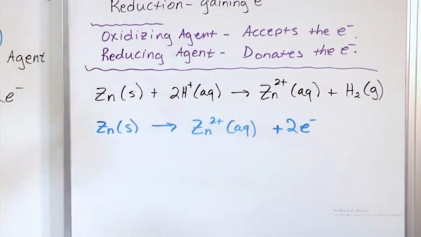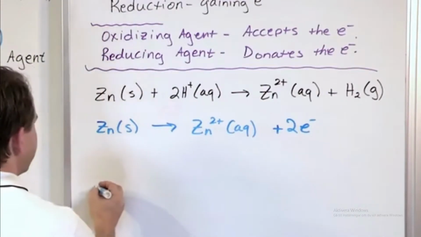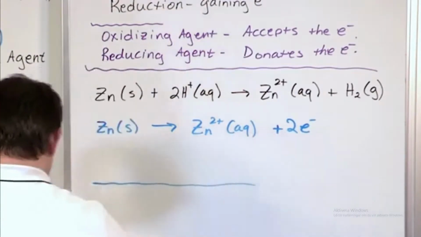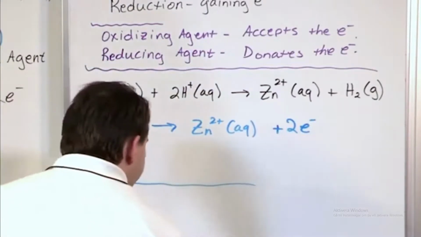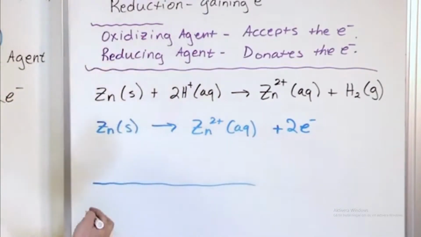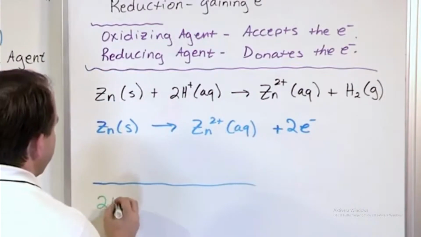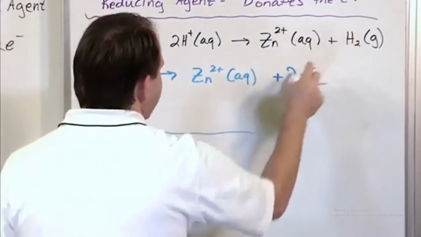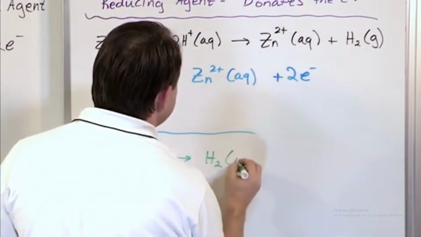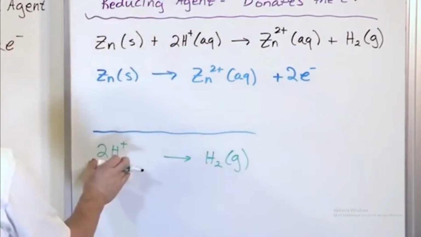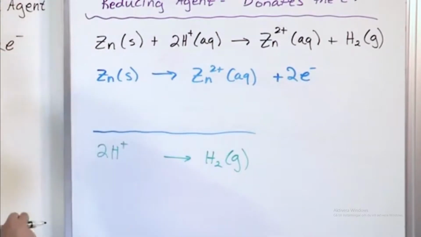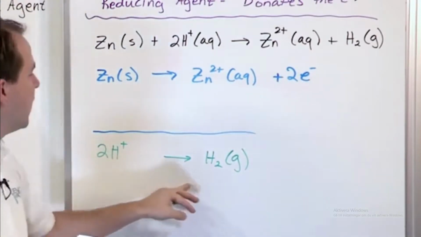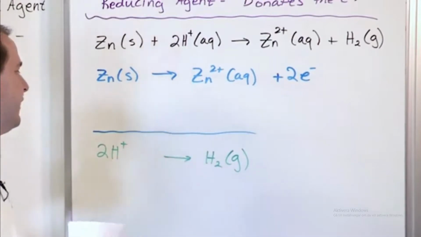All right, so this is a half reaction. I'm going to skip a little space here and put a little line. And then I'm going to write in green the other half reaction. So what if I have 2H+, and on the other side of the reaction, I have hydrogen gas. Now, how could this happen? I have two ions, each plus one, and somehow they become two atoms of hydrogen that are each neutral.